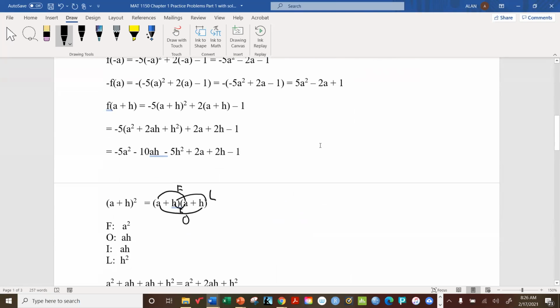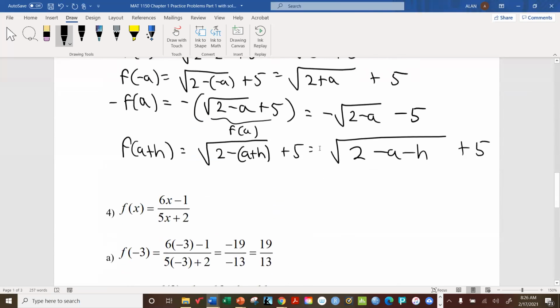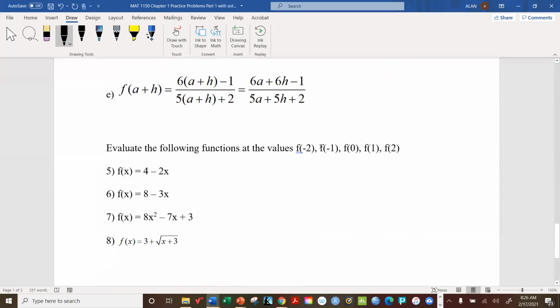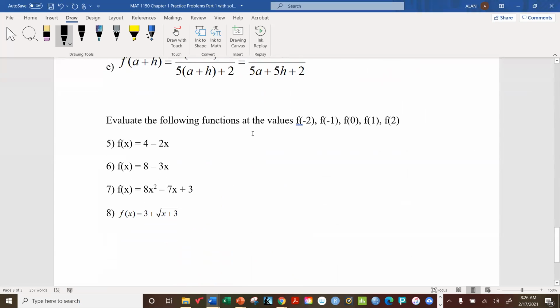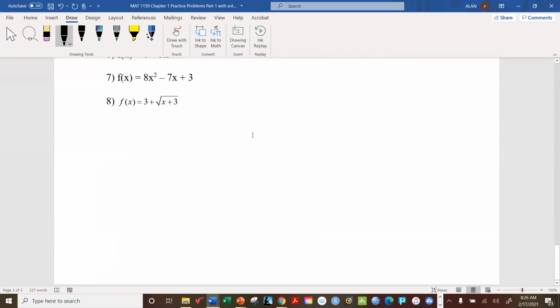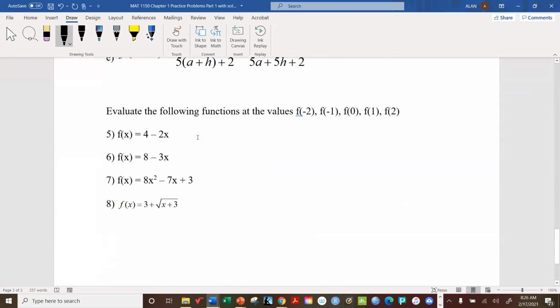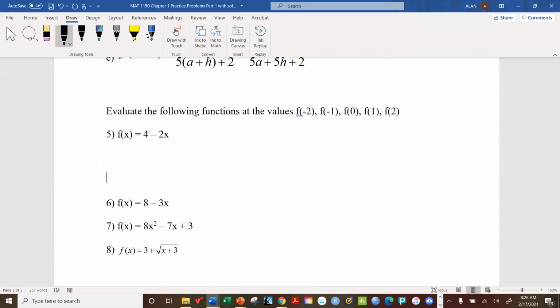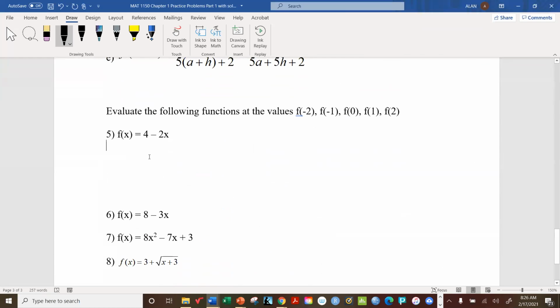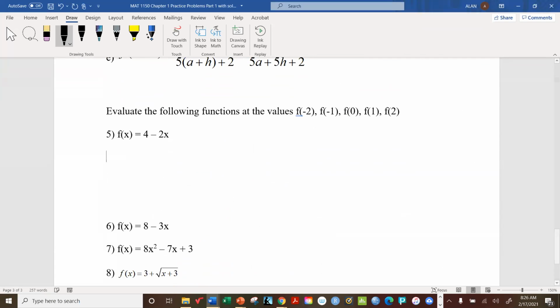Now, what's nice about this next group is that they're all numbers. Every one of these is just all numbers. And so no matter what happens, we won't get any messy algebraic expressions. And that's what I like. Okay, numbers, we like numbers. So 4 minus 2 times negative 2, 4 plus 4 equals 8.